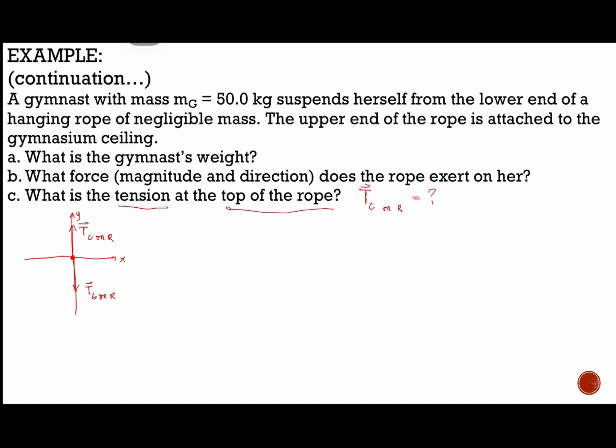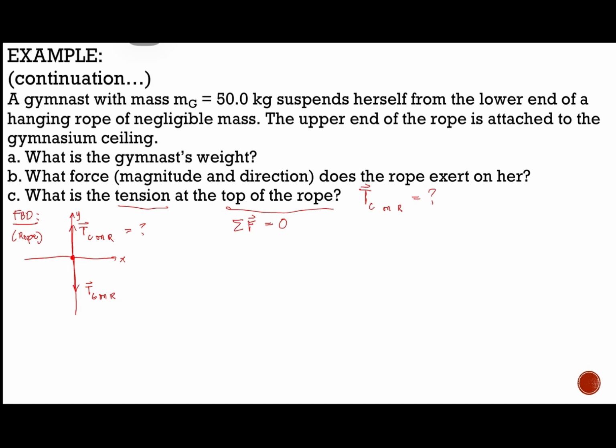So what we will solve for here is this one, the tension force that the ceiling exerts on the rope. Again, we go back to our starting equation, which is the sum of all forces is equal to 0. Since we don't have any forces along the x, as you've noticed in our free body diagram for the rope, this is for the rope.